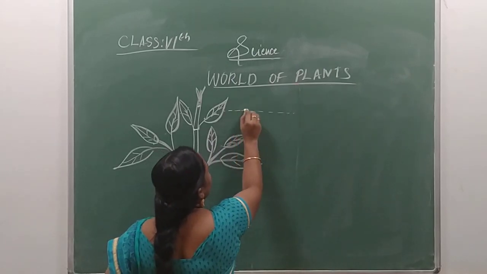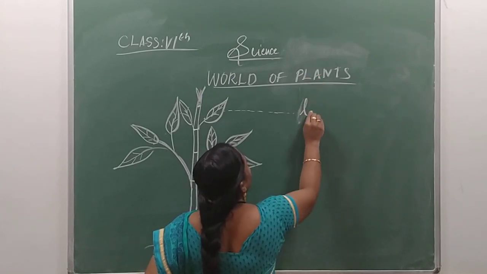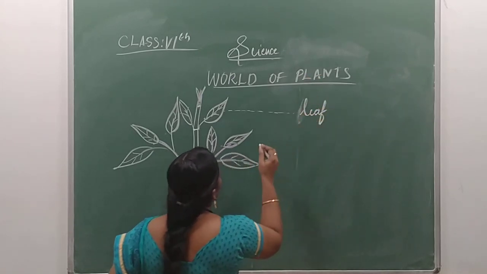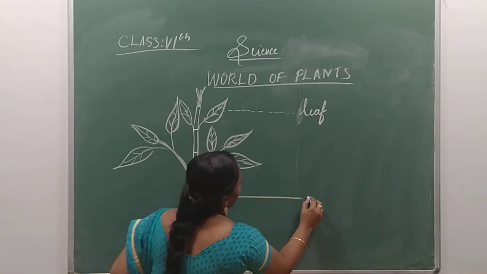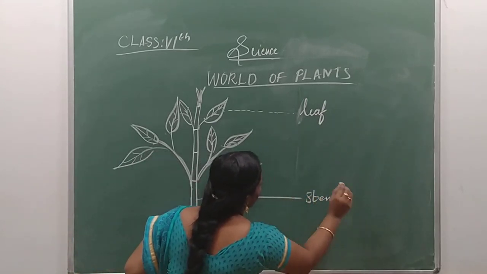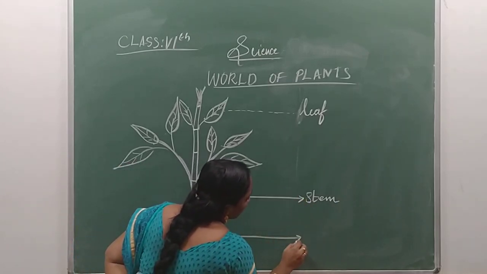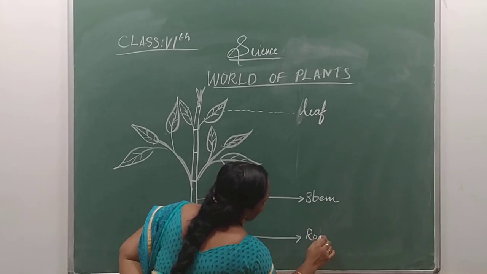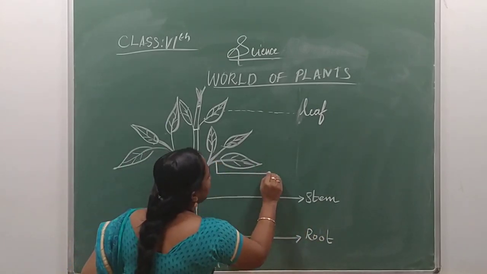Okay, so what is this? Leaf. And what is this? Stem. This one, root.